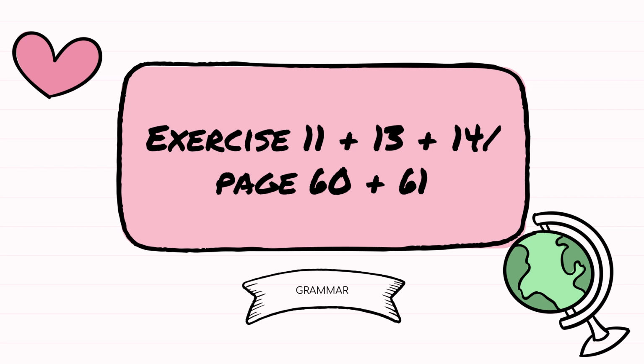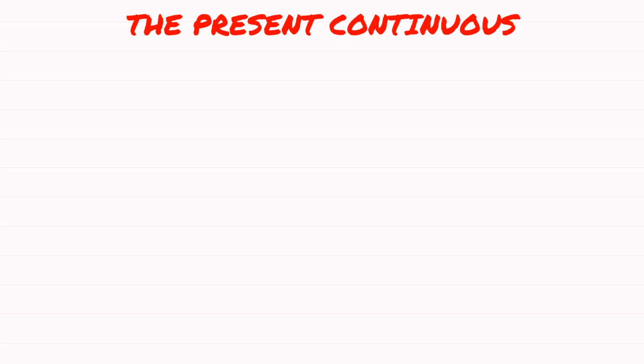Okay, we move on to exercises 11, 13, and 14 on pages 60 and 61. And this is a grammar exercise. Okay, let's review the present continuous tense. And this is its form. Affirmative form, we use subject plus to be am, is, are plus verb-ing.